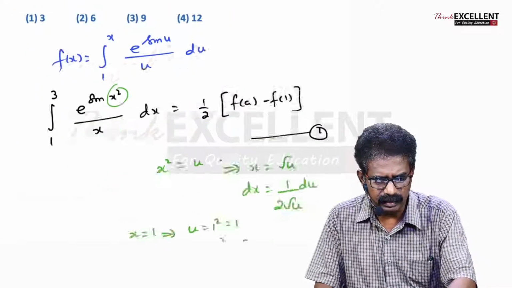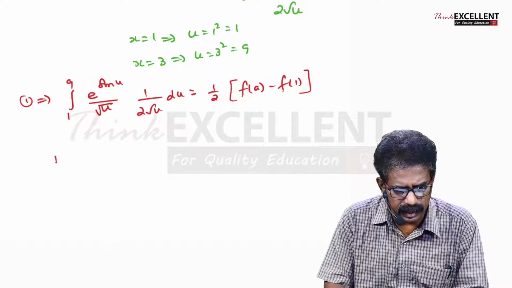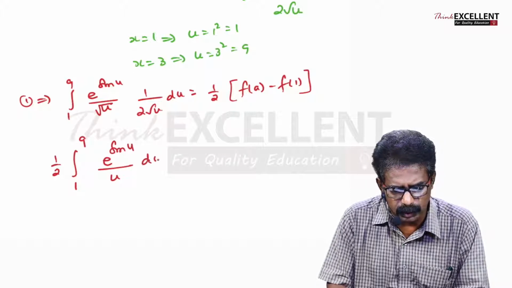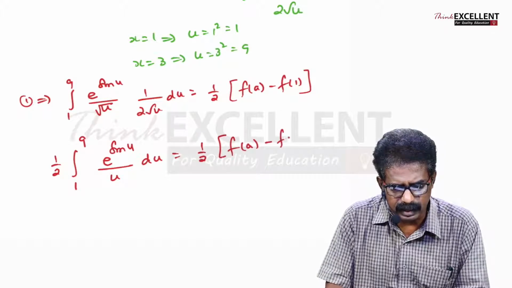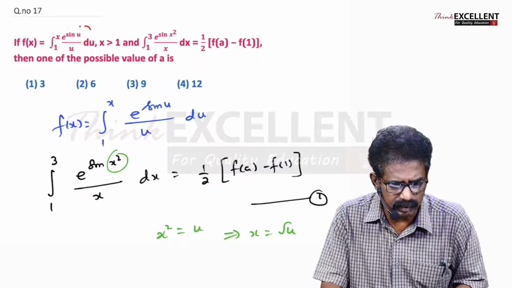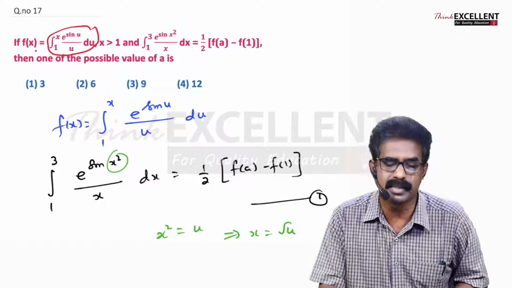They asked to find the value of a, right? So this 1 by 2 you take outside, 1 by 2 integral 1 to 9 e raised to sin u by root u into root u is u du equal to 1 by 2 into f of a minus f of 1. Now if you see the question, before that something they have given, and this is same as what they said f of x.